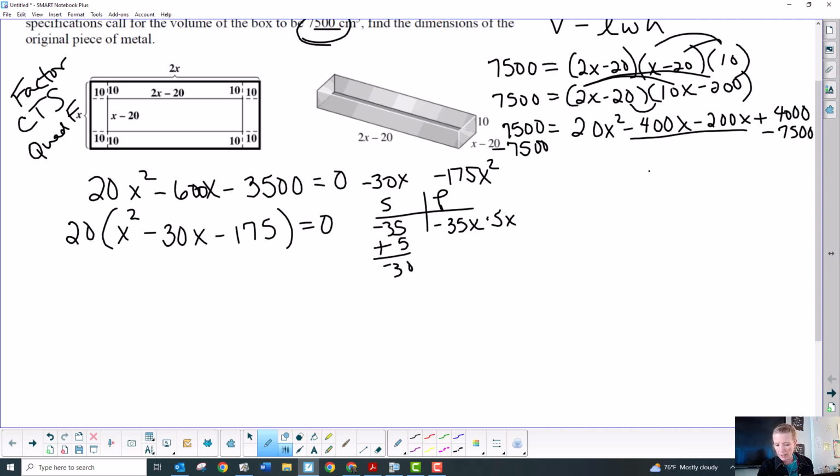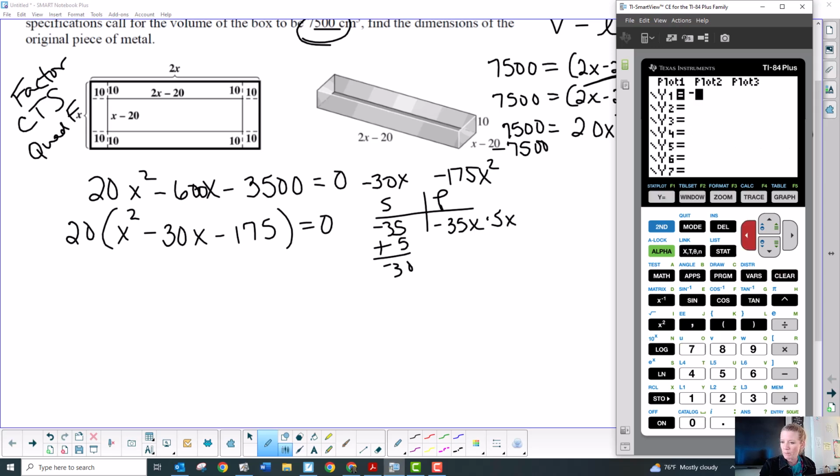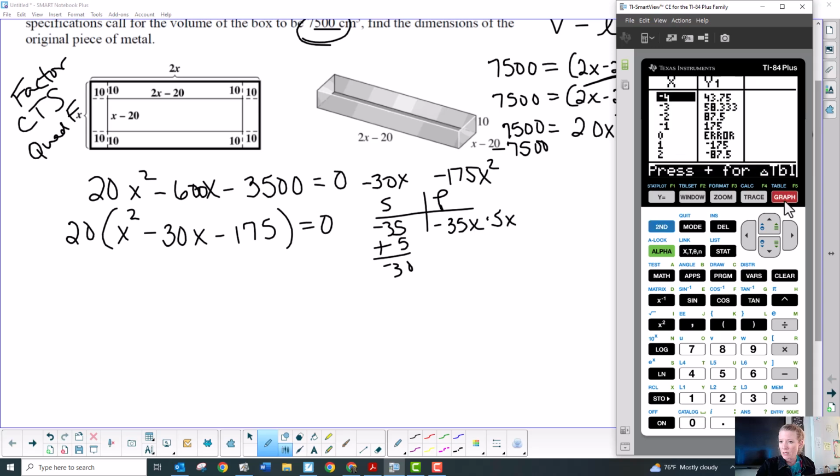And one way you can get that is if you go to your calculator and type in y equals, and you type in the number that you're looking for, 175, divide by x and hit second table, and you can scroll and see the numbers that multiply to give it to you.